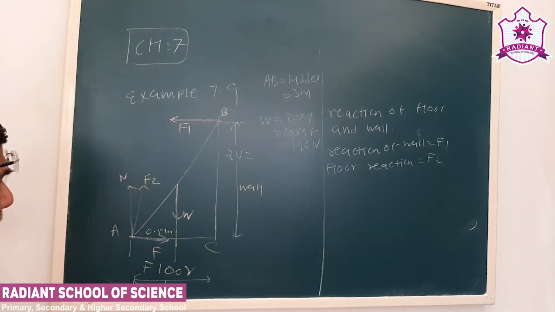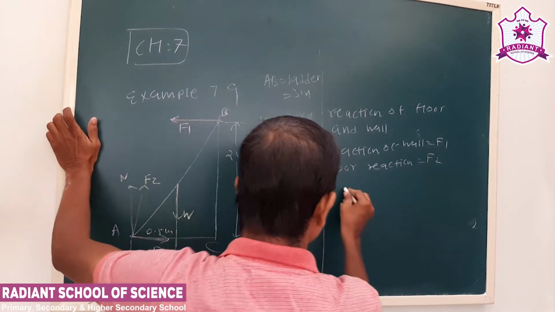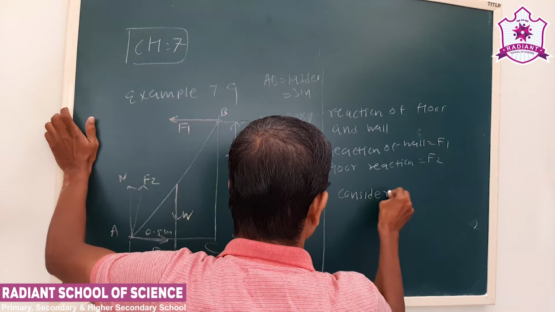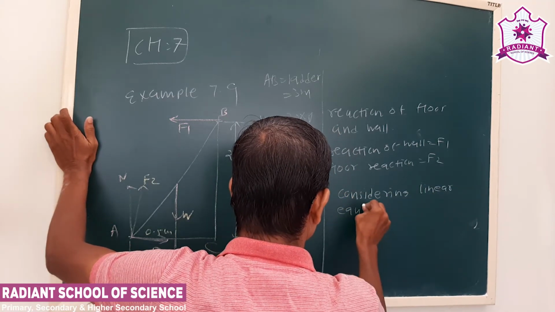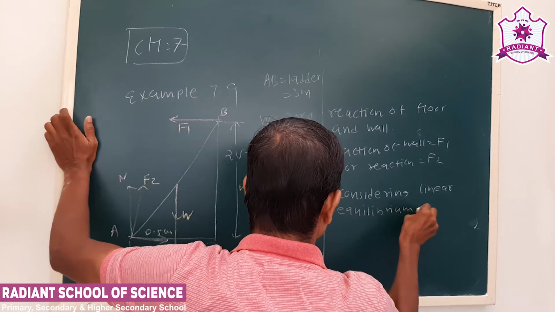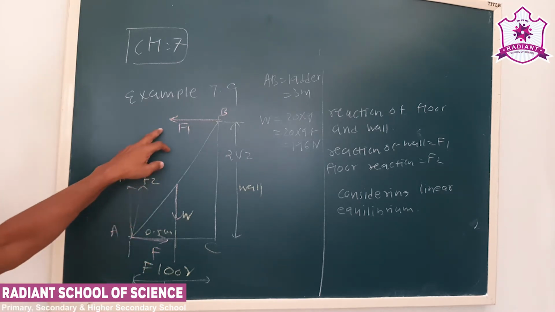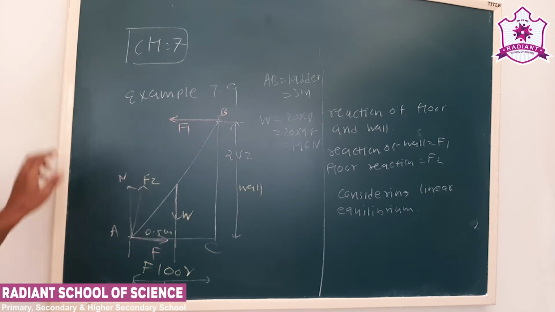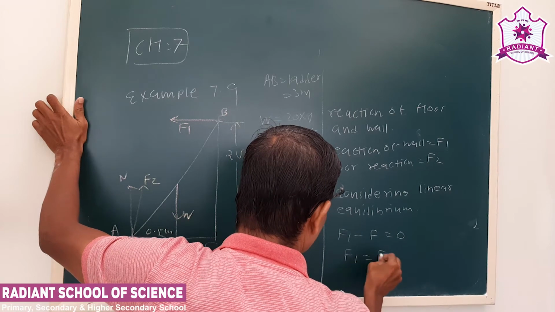This F2 is made up of two parts: a normal reaction N and a horizontal force F. First we consider translational equilibrium. F1 and F are in mutually opposite directions, so we can say F1 minus F is 0, that is F1 is F.